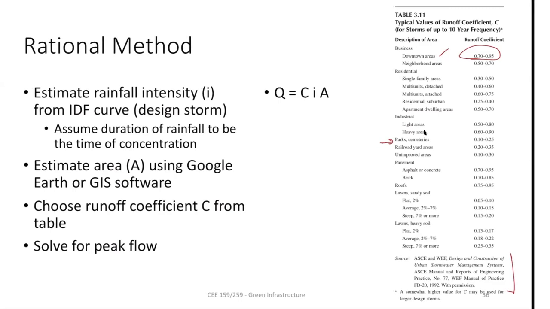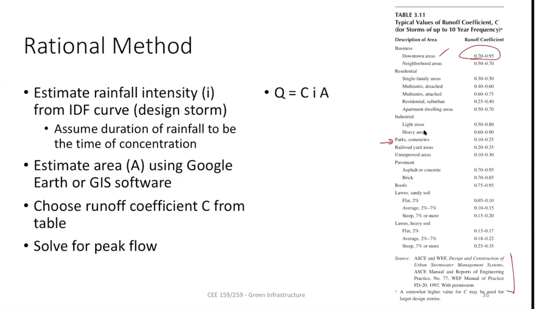And the area, you can determine how much catchment area you have by using Google. So let's say you are using a school; one of the projects is a school. You can draw a line in Google Earth around it and it will tell you the area of that shape. Or you can use a GIS map. Google Earth can also tell you which side it will drain into because it also gives you some elevations.